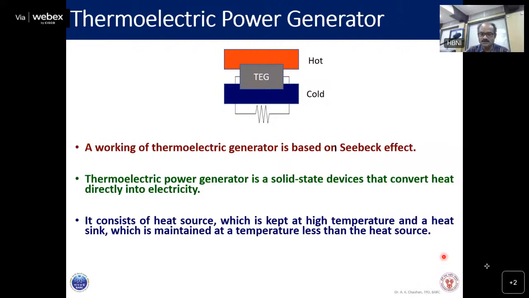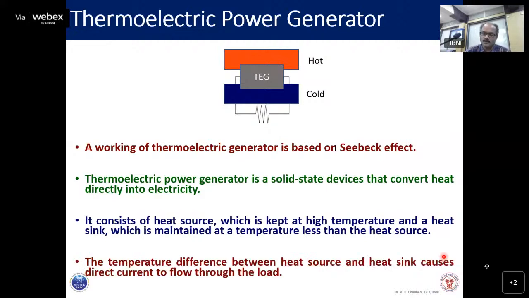It consists of a heat source which is kept at a higher temperature and a heat sink which is maintained at a temperature less than the heat source. The heat sink can be water cooled, air cooled, or a normal device, not a room temperature device. The temperature difference between heat source and heat sink causes direct current to flow through the load, as I explained.